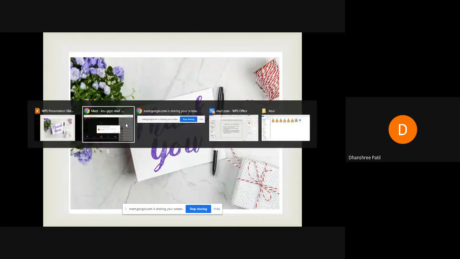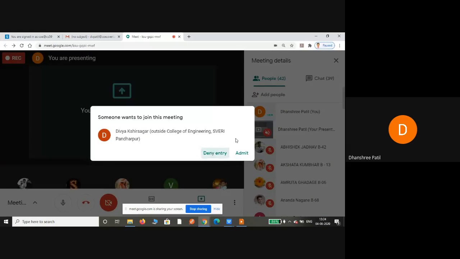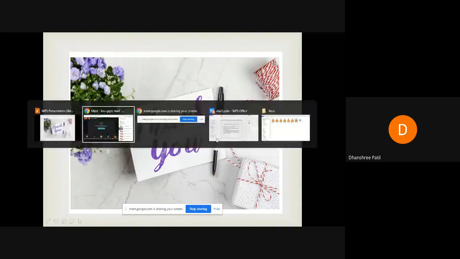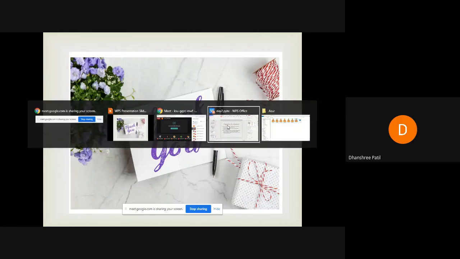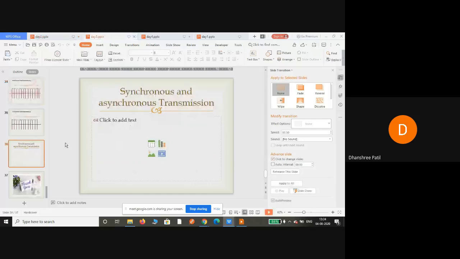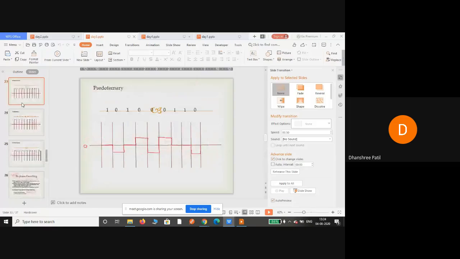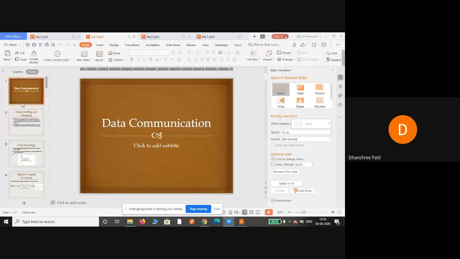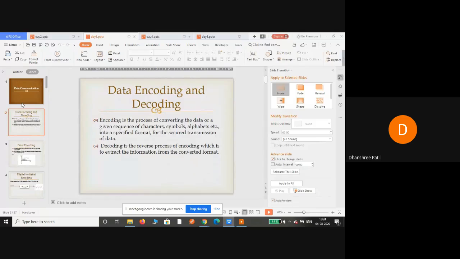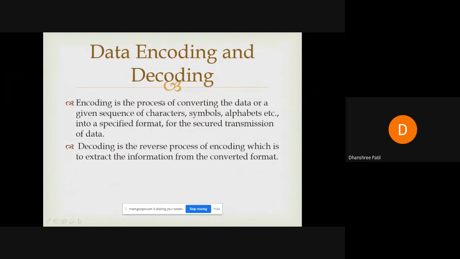Now this was related with the first part. The next part we have to see from this chapter is the techniques which are used for the encoding and decoding of data.